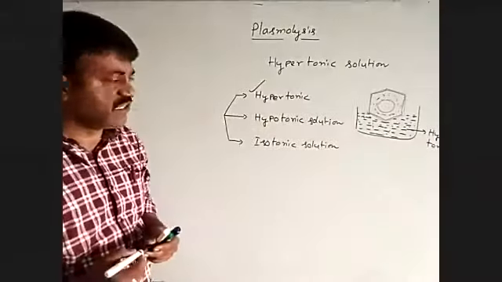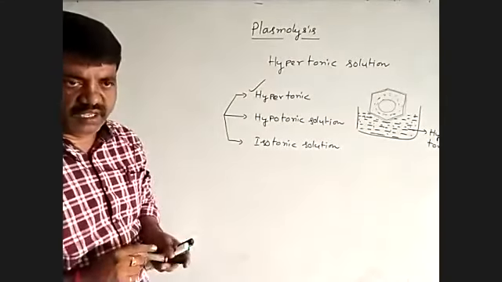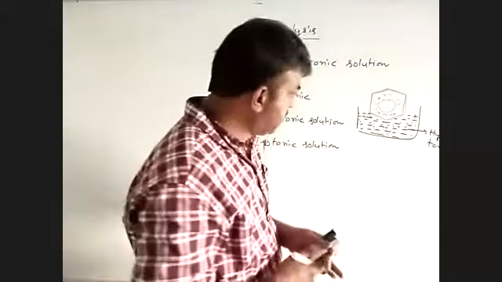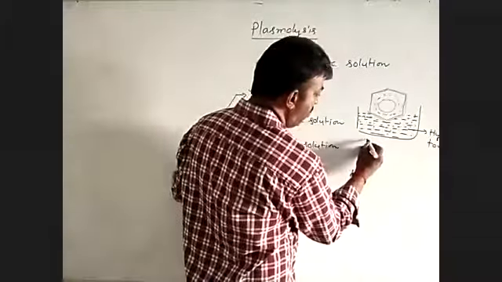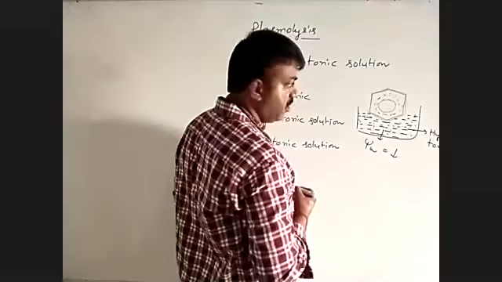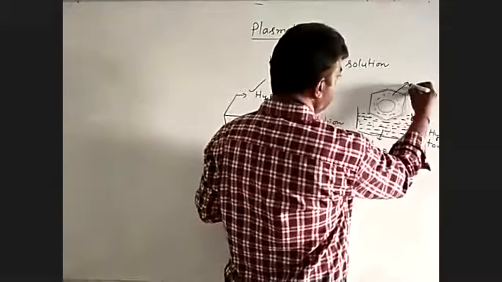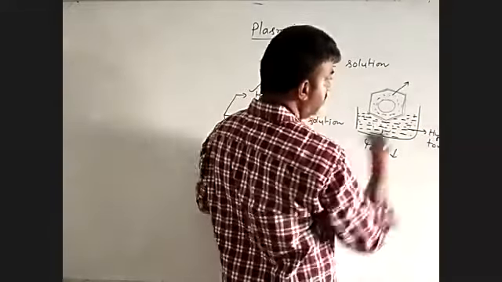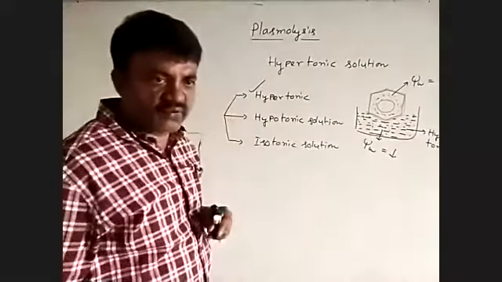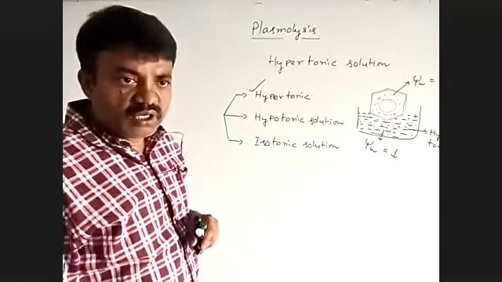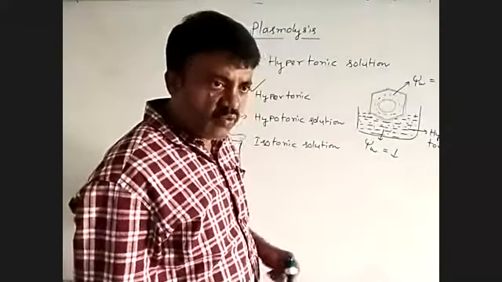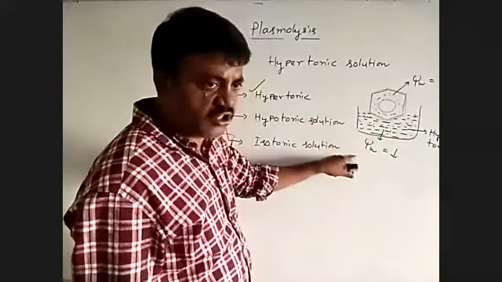So that means in a hypertonic solution water potential is very low. In the cytoplasm water potential is very high. Imagine. Then what happens whenever cell is placed in hypertonic solution?